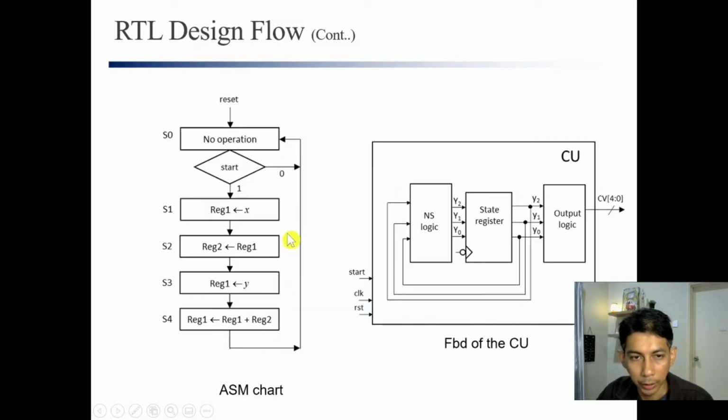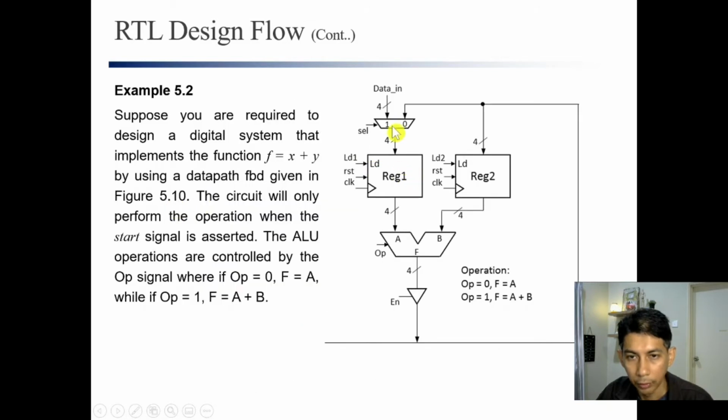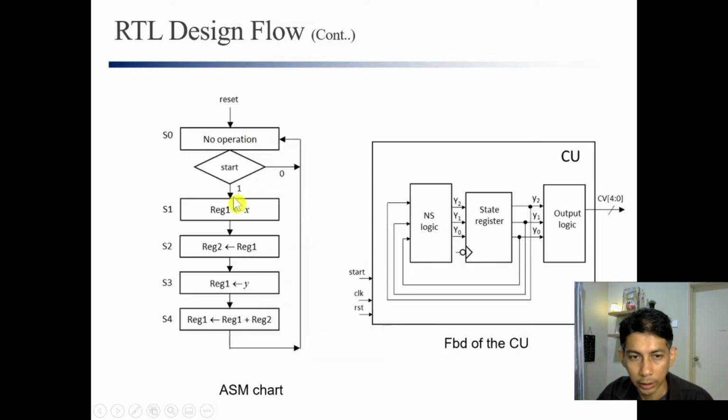So in this example, the result is stored in register 1, meaning that we insert x in register 1, and maybe we pass x to register 2 and put y in register 1, and after that we add and put it back in register 1. So the process is like this.